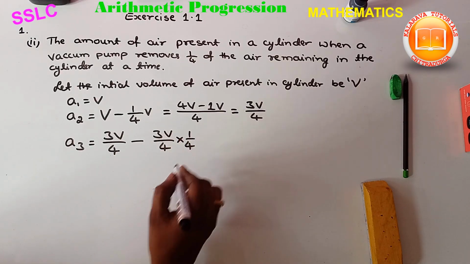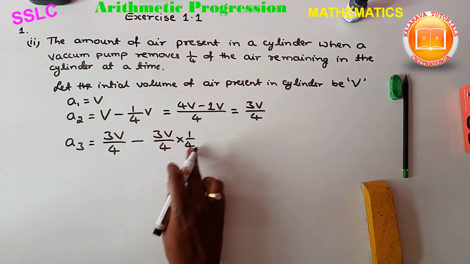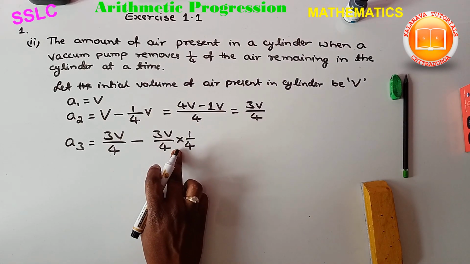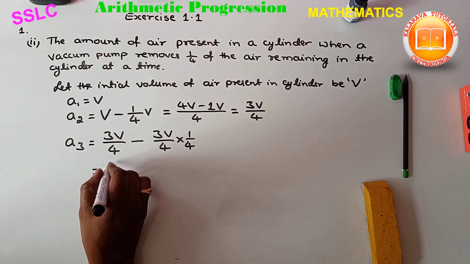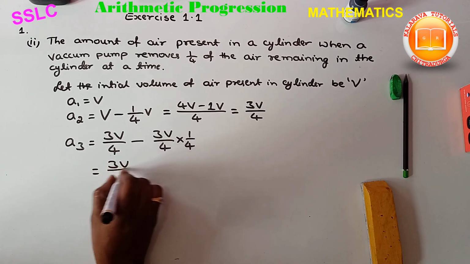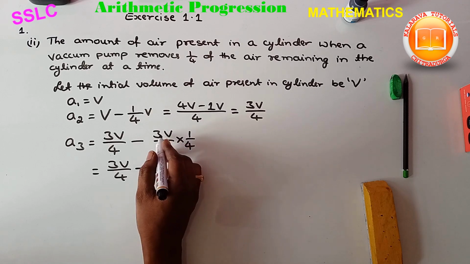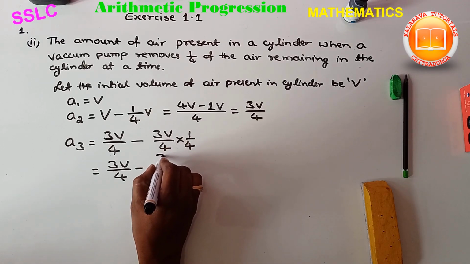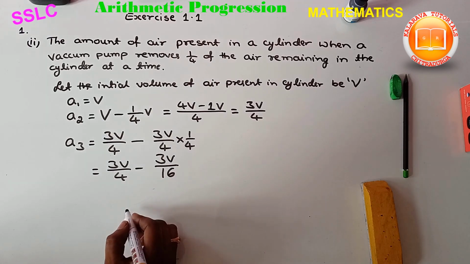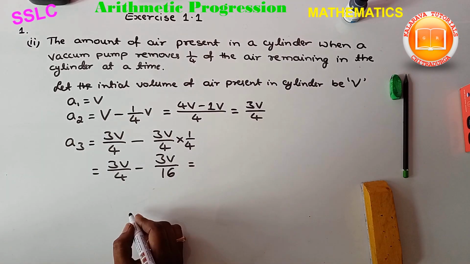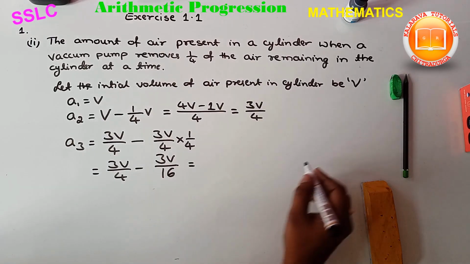That gives you 1/4 of the volume that remains in the cylinder. So this gives you 3V divided by 4 minus 3 into V, 3V into 1 is 3V, divided by 4 into 4, that gives you 16.